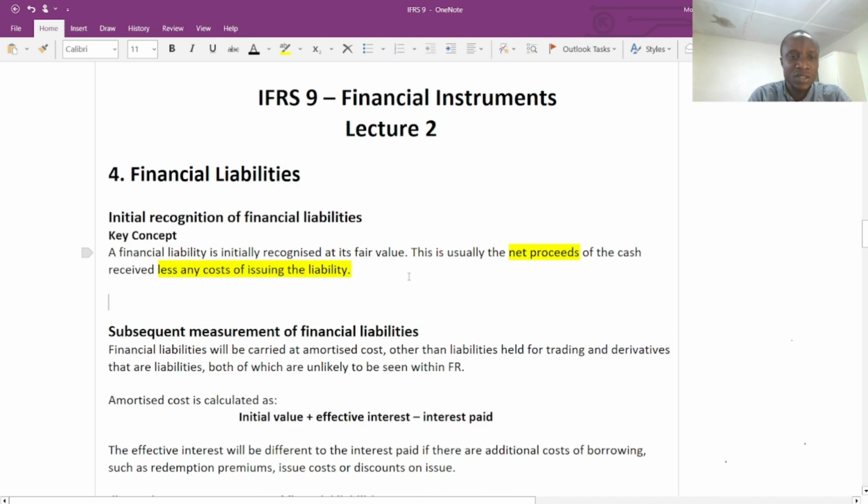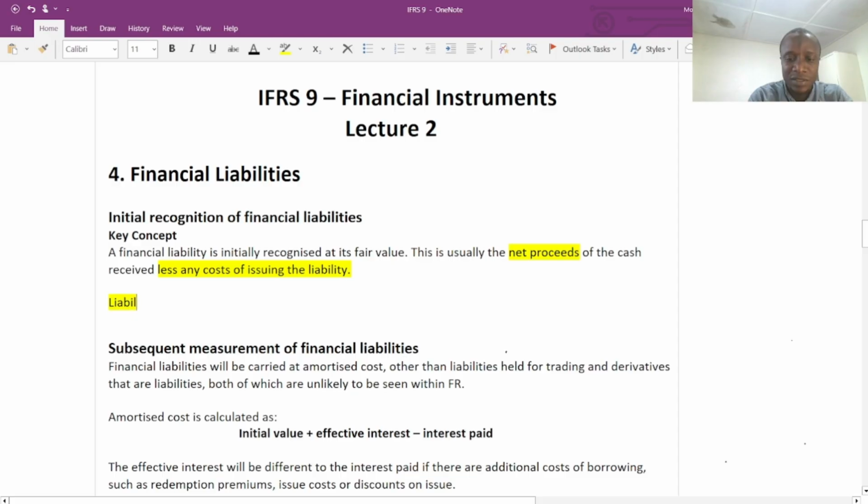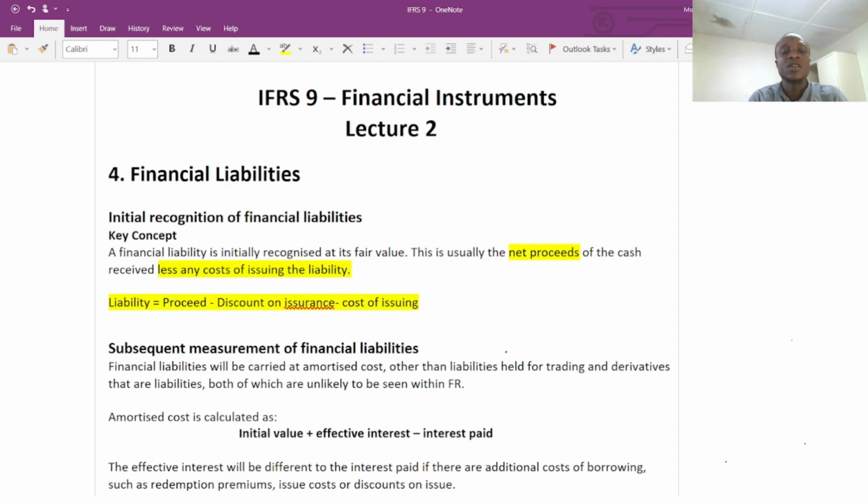So the liability will equal the net proceeds. Let's put it: the proceeds, minus discount on issuance, minus cost of issuing. So this will give us the amount that we are going to debit as bank and the amount we are going to credit as liability.